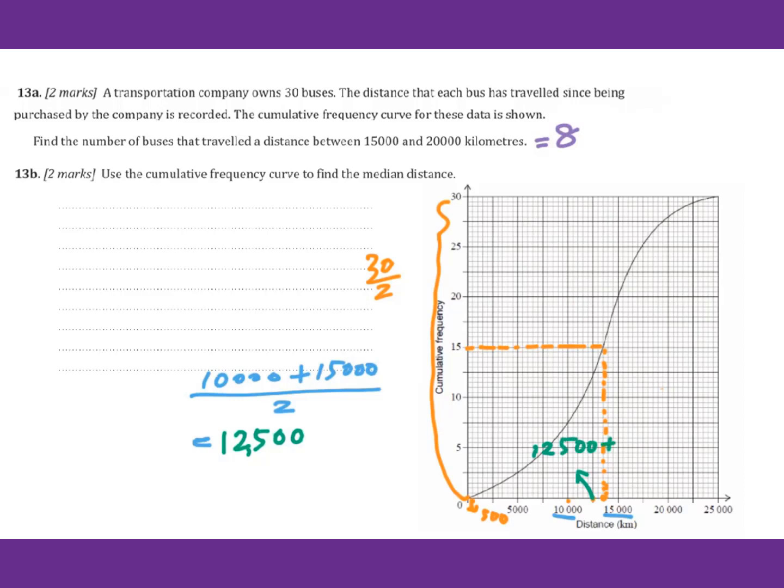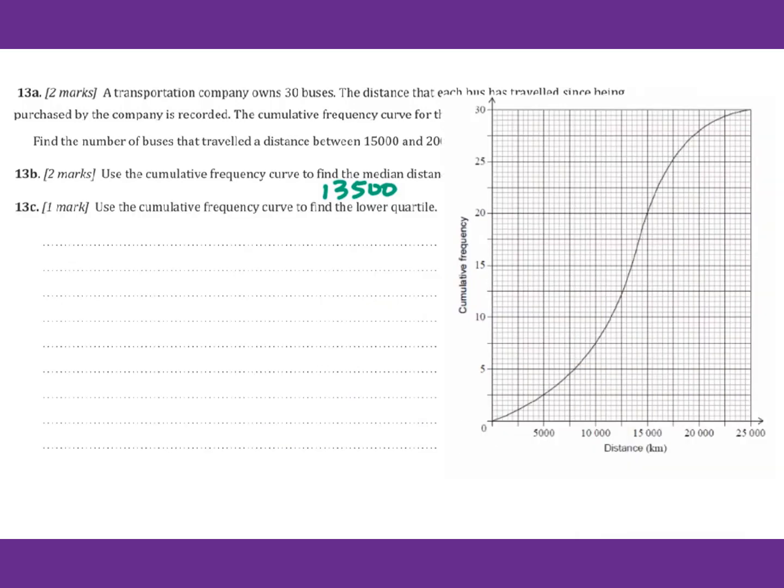Then plus, we go to 2. So 500 times 2. You will get 13,500. So median distance will be 13,500.